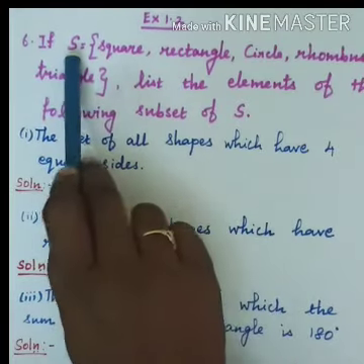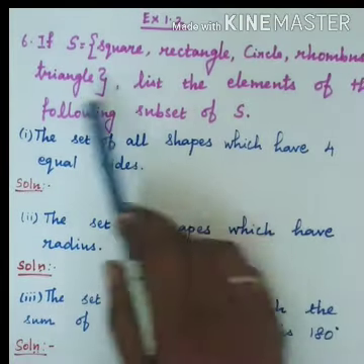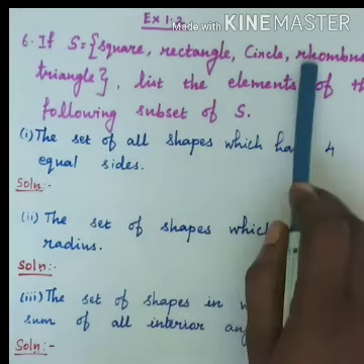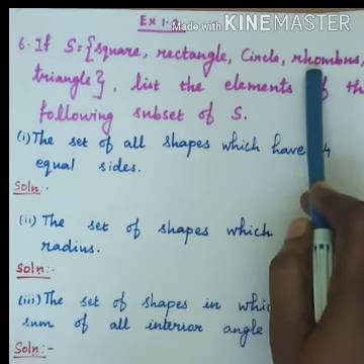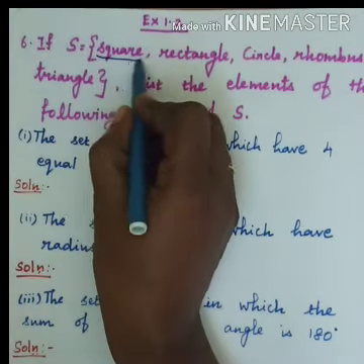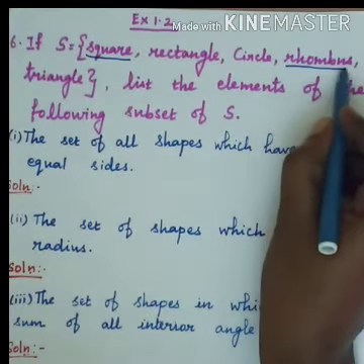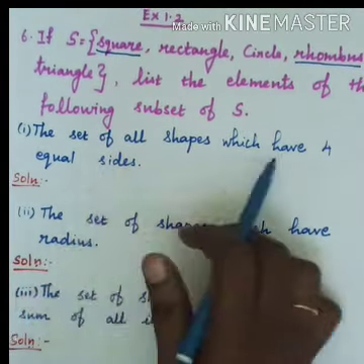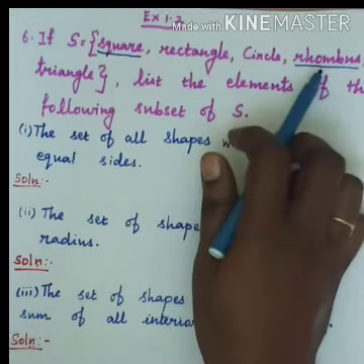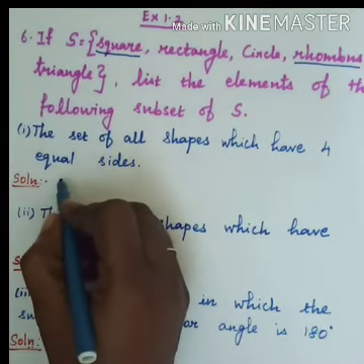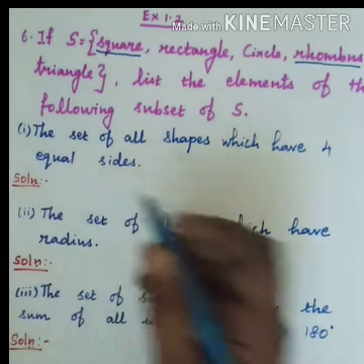In this set S, which shapes have 4 equal sides? Only the square and rhombus have 4 equal sides. So the two shapes having 4 equal sides are square and rhombus. Therefore, the answer is square and rhombus.